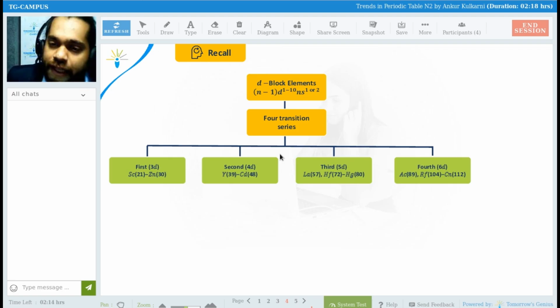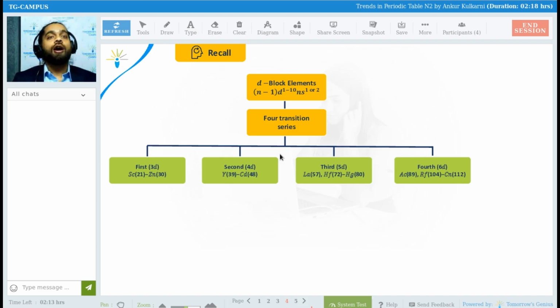In the last lecture we had started with the D block elements. We looked at your first transition series, scandium to zinc, and I guess we did the mnemonic also.